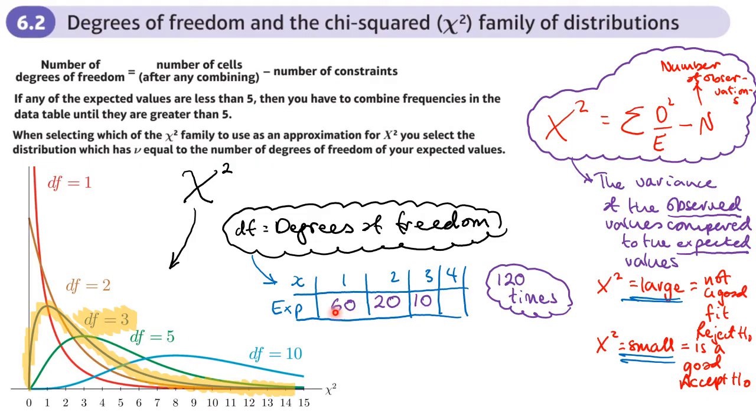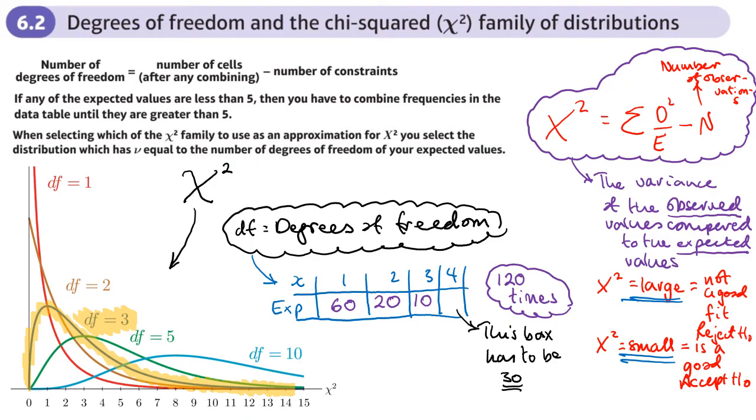I know I'm doing it 120 times, so I do 120 minus 60, 20 and 10. In other words, 120 minus 90, so this box has to be 30. We have no choice. And this is what we call degrees of freedom.